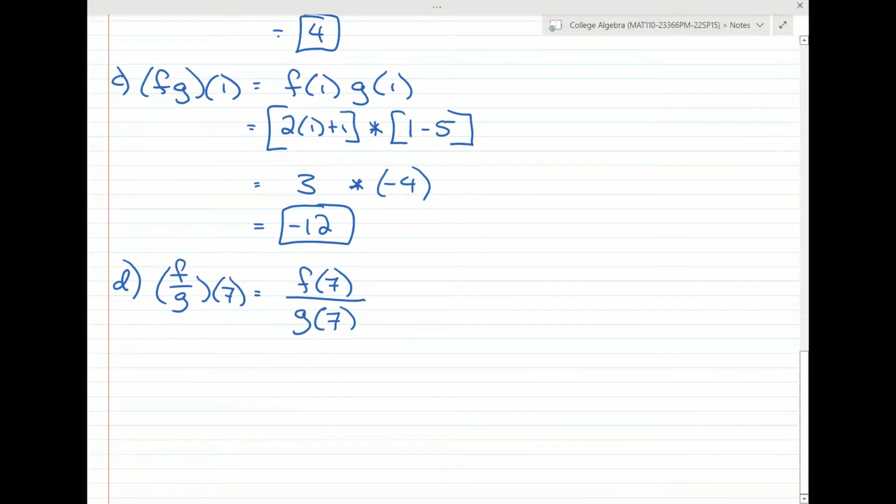We're going to do this the same way. You don't have to wait for me. I'm just going to plug in 7 for all of the x's in f of x. That's going to be 2 times 7 plus 1 on top, divided by g of 7, which would be 7 minus 5 on the bottom. So 14 plus 1 divided by 2 is just 15 divided by 2.